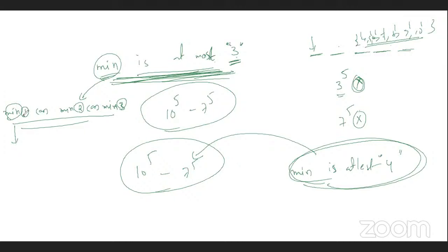Yes, sir. Now how many ways do we have for minimum is 1? However the numbers are present in these 5 draws, the minimum number should be 1. Tell me, how many possibilities?